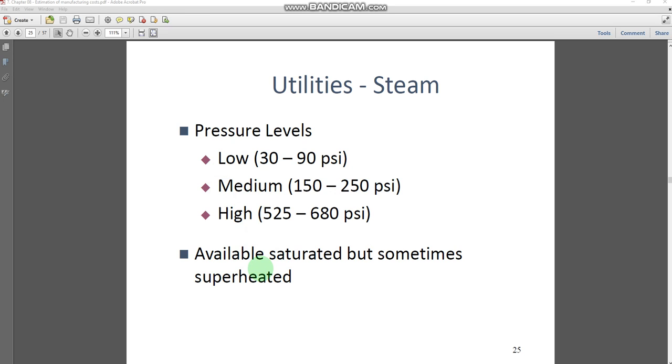Okay, but sometimes you need to utilize that steam for getting shaft work, then you need to make that steam more superheated. Okay, so depending on the pressure level of each steam and the temperature conditions, you can decide whether to use that steam for power production or in the process for the heating or cooling requirements. Okay.